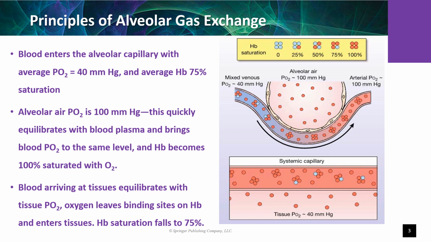The oxygen molecules then enter the red blood cells and contribute the final oxygen addition to achieve 100% saturation. On each hemoglobin molecule, all 4 oxygen binding sites are occupied.